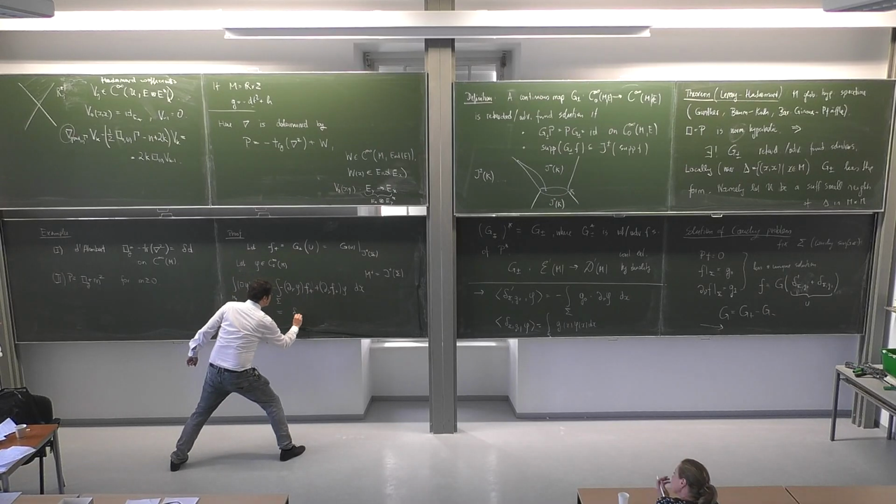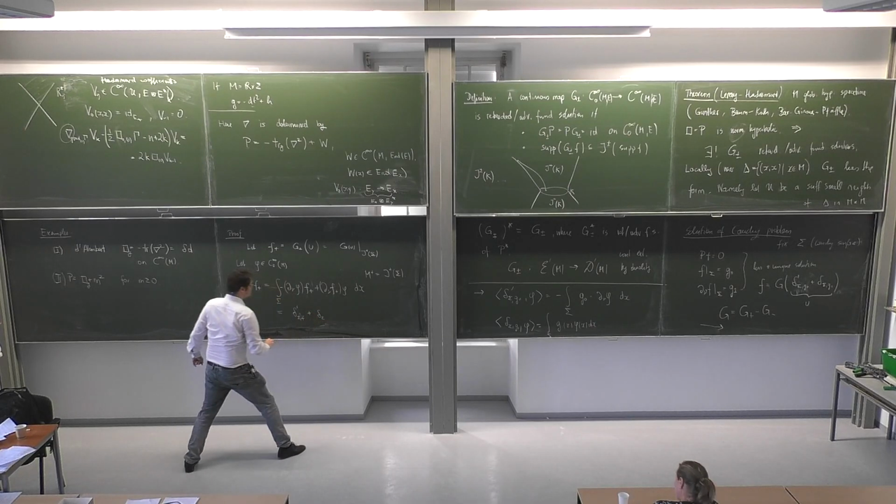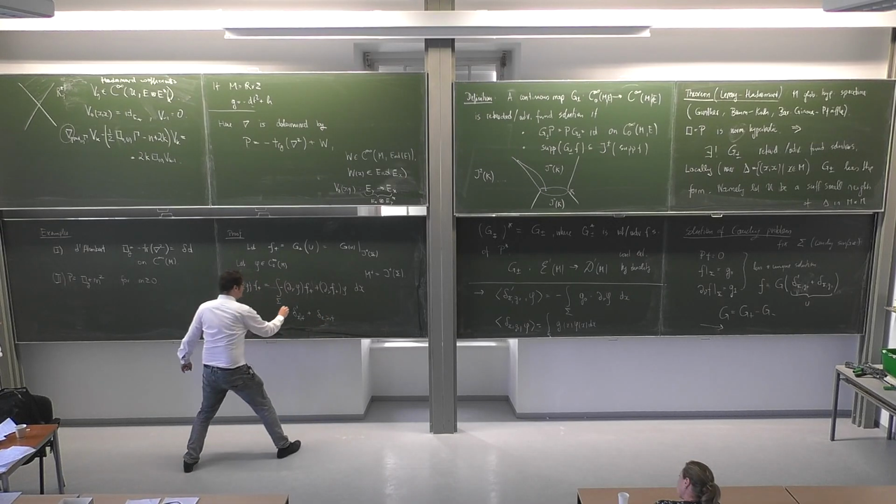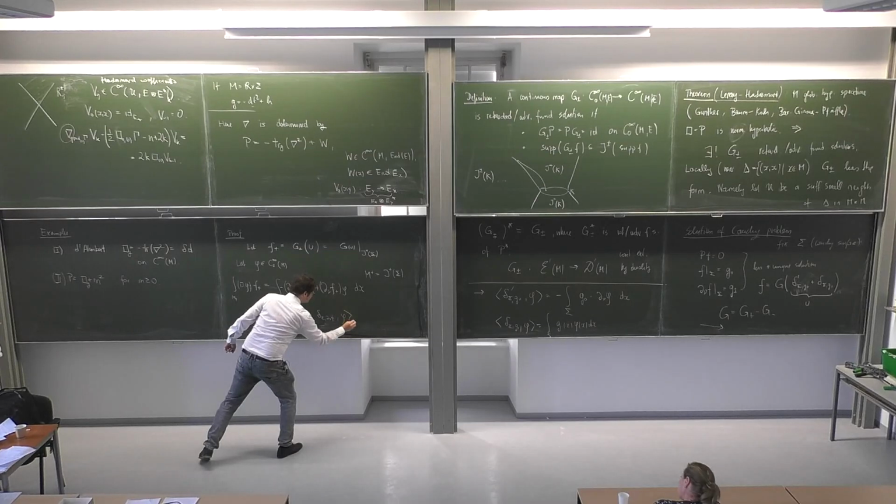So what I'm getting here is the Cauchy data as I claimed. So delta dash with f on sigma plus delta sigma and then the normal derivative of f. And then that's the test function phi.